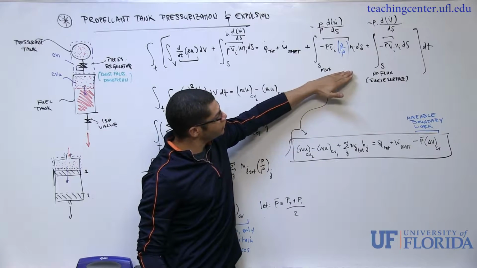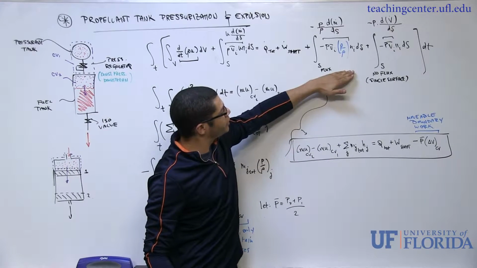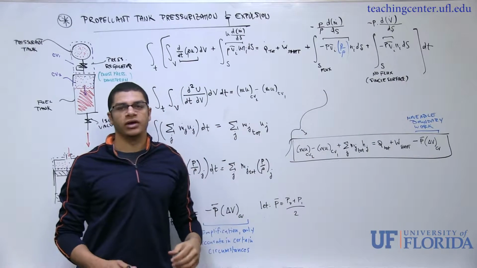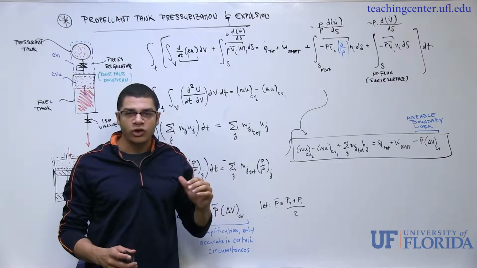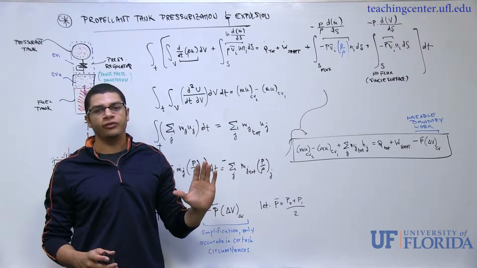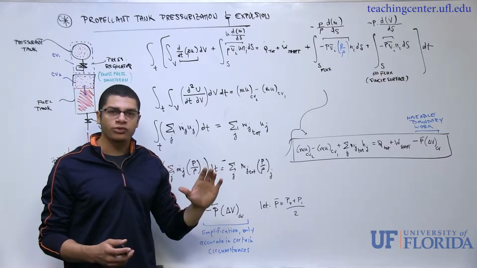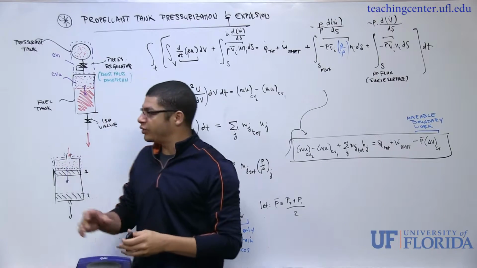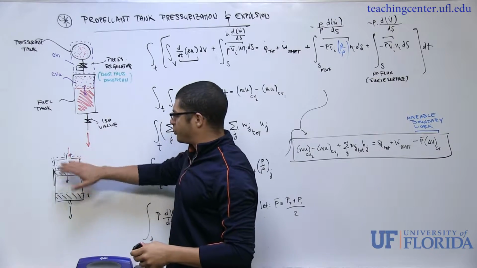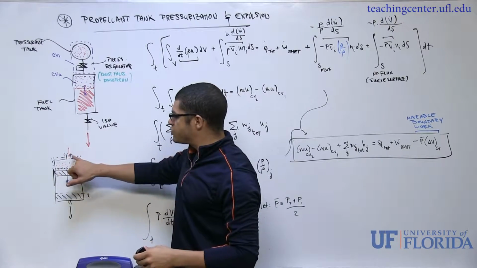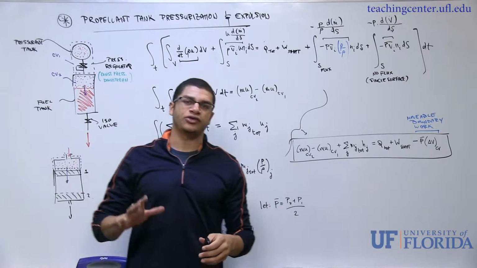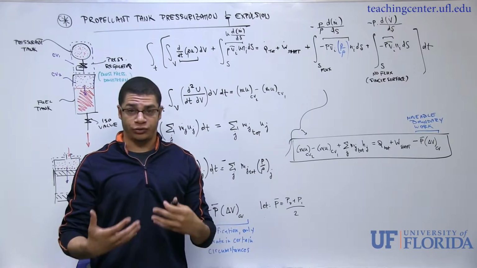So what we can do is evaluate work that's associated with a fluid flow into or out of the control volume. You can imagine fluid upstream of, say, this tank, or even in this problem here, the fluid that's flowing into our purple control volume actually has to do a little bit of work in order to flow.